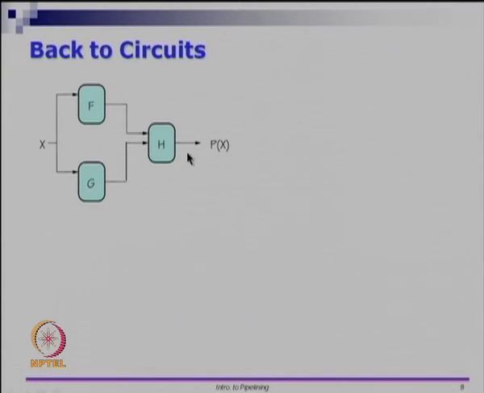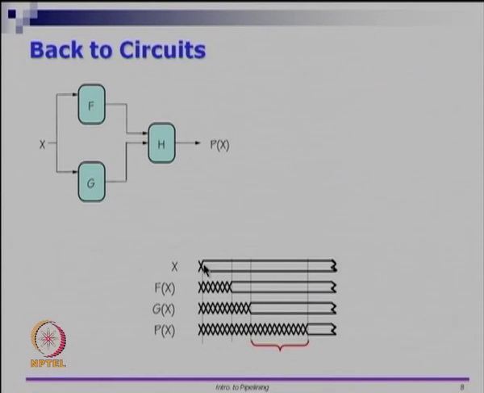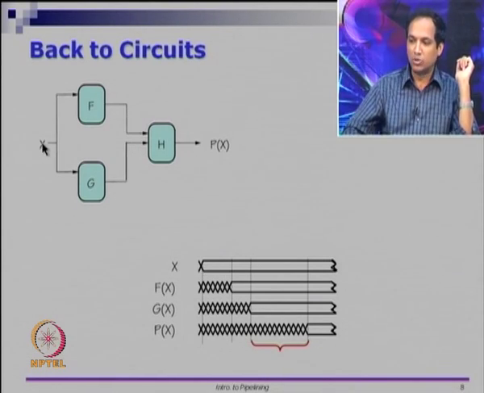Let us see how this whole thing works. You provide X, which is an input to this system, and F and G are going to take their own time to process X. F of X takes some time, and in this example let us assume that the combinational block G is going to take more time.